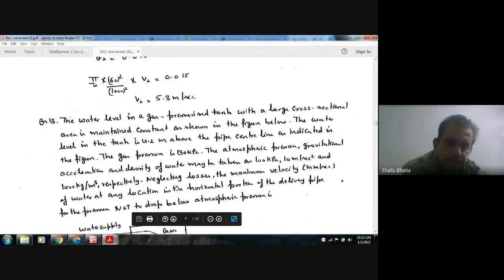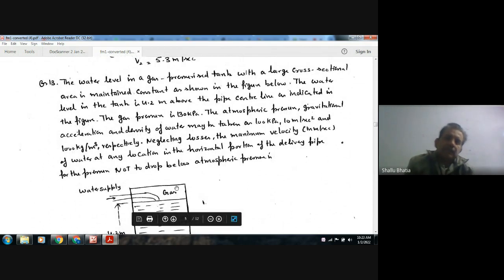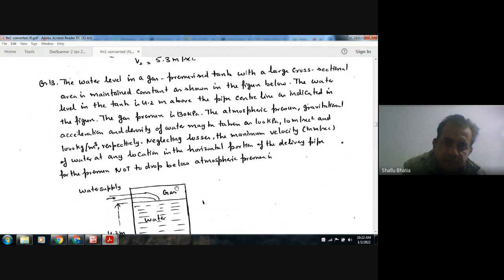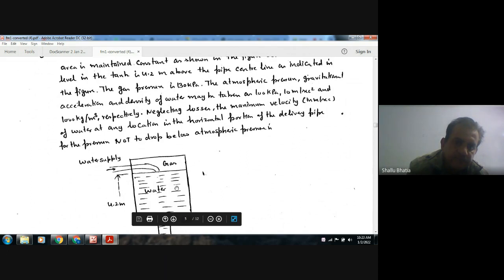Next, question number 30. The water level in a gas pressurized tank with a large cross-sectional area is maintained constant as shown in the figure below. The water level in the tank is 4.2 meter above the center line as indicated in the figure. The gas pressure is 130 kPa.